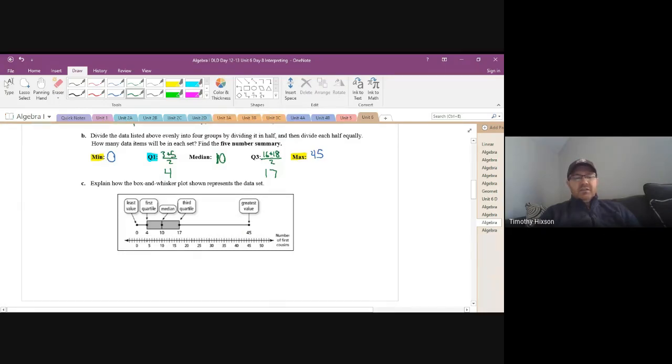The median is 10. The third quartile is 17. And then here is our maximum at 45. Okay, so let's apply what we did yesterday and look at outliers. Okay, let's see. This whisker over here seems very, very long.